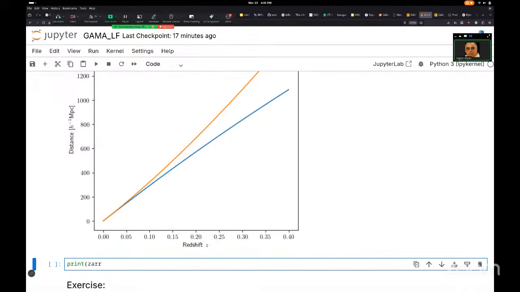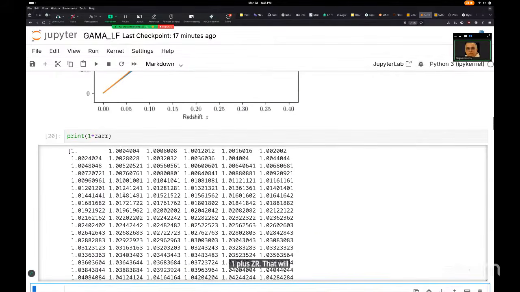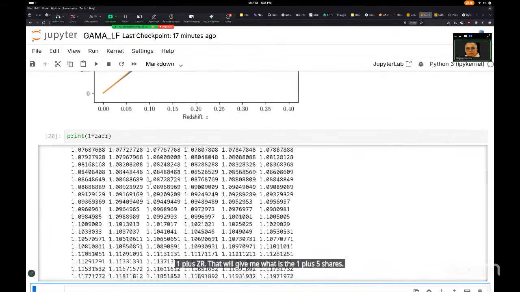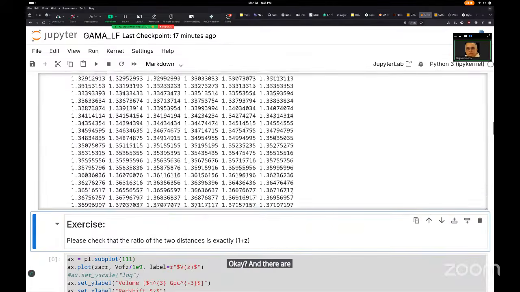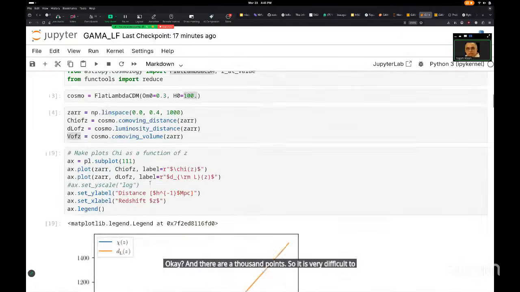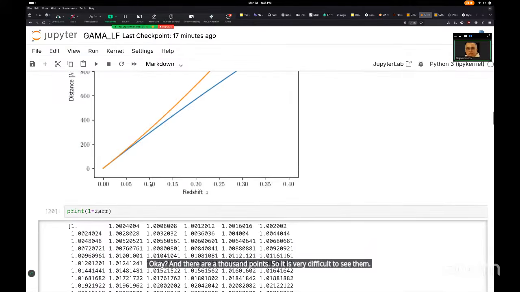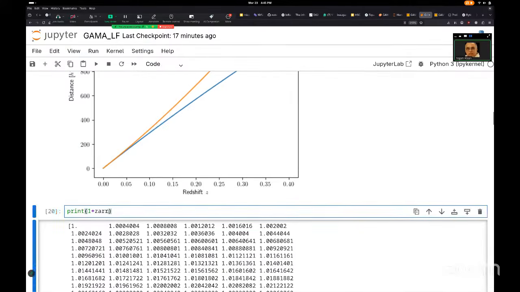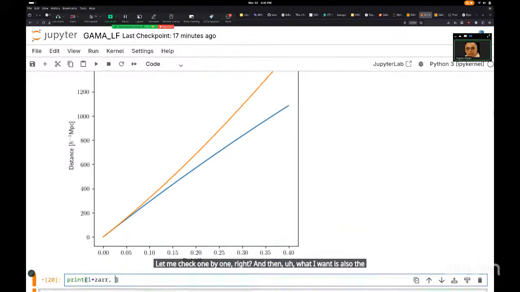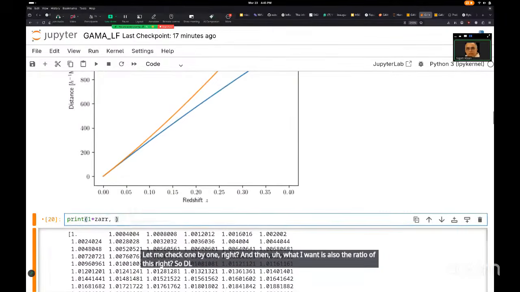So if I do a print of 1 plus z_r, that will give me the 1 plus redshifts. There are 1000 points, so it is very difficult to see them. Not just the mean, but we will check one by one, right? And then what I want is also the ratio of this, so D_L of z divided by chi of z.